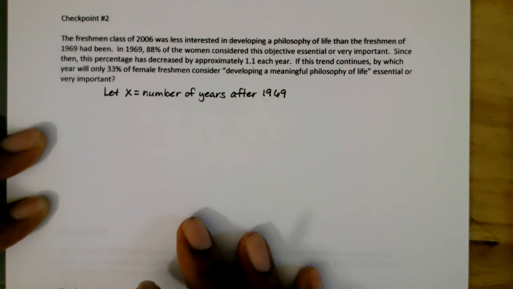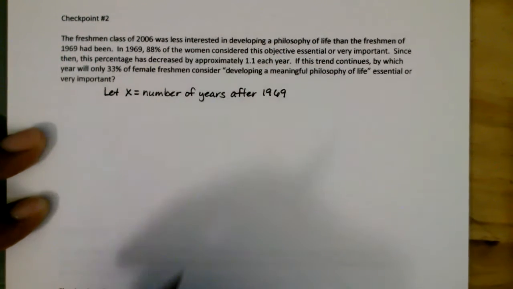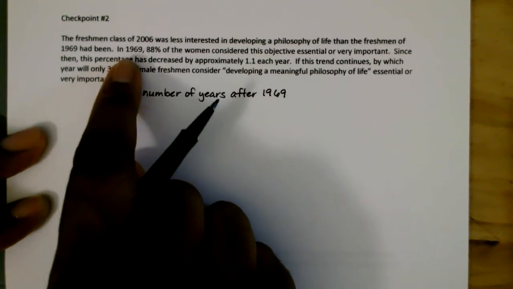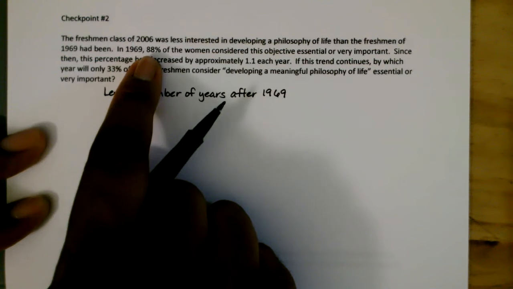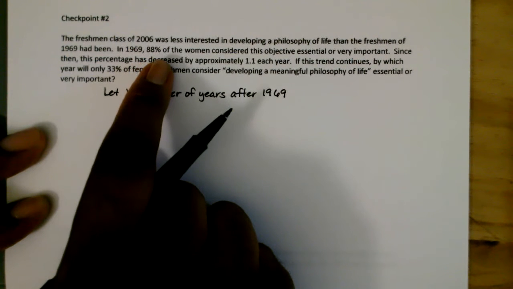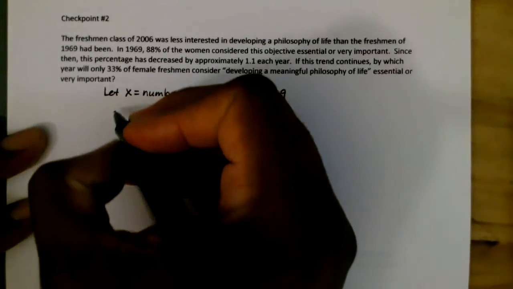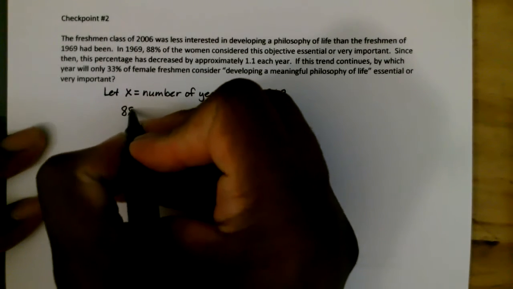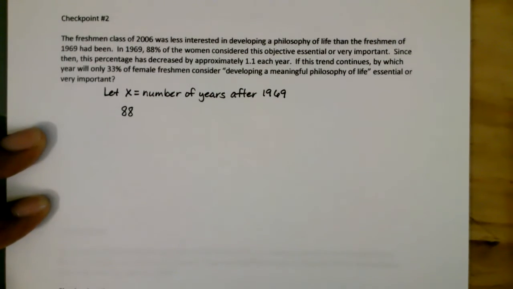Now let's interpret this into an equation, because we were told in '69, 88% of the women consider this objective essential or very important. So we're starting off with 88. And here I'm just going to be using the whole number 88. I'm not going to convert the percent to a decimal. So we'll just say 88.